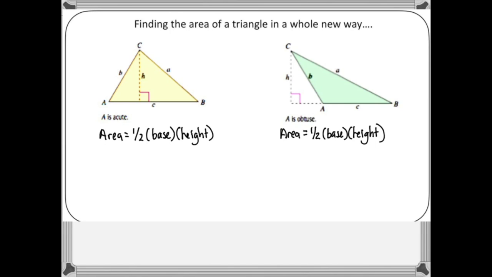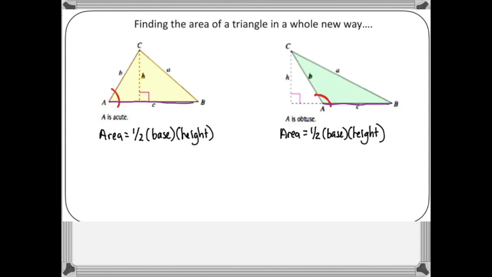We're going to start in this position in each one here with this angle A, all right? And I'm going to build both of the formulas in regards to that, and we're also going to take a look at how to switch in the base, which we know is going to be C right here for each one of these, okay? And how to get rid of that height right there.